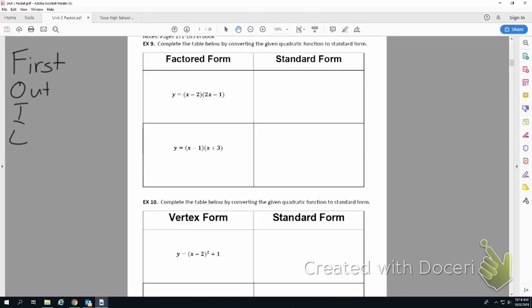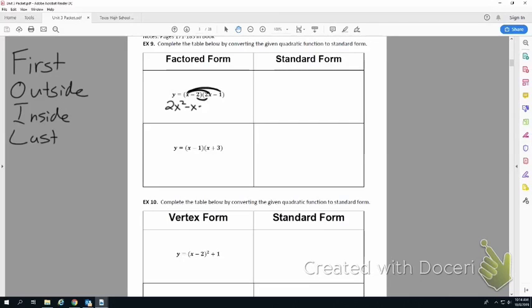Okay? Does anybody know what FOIL stands for? First, outside, inside, last. So first, I'm going to multiply the first two terms together from each binomial. That's going to give me 2x squared. Then I've got x times negative 1, which is negative x.